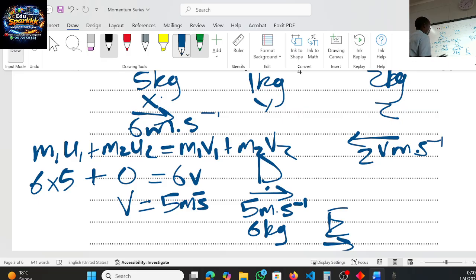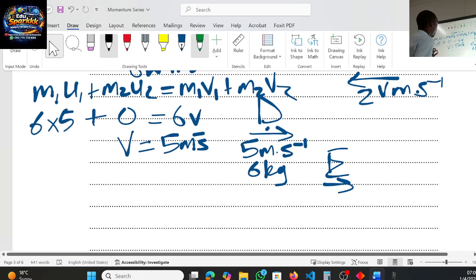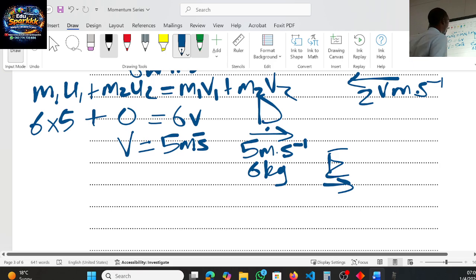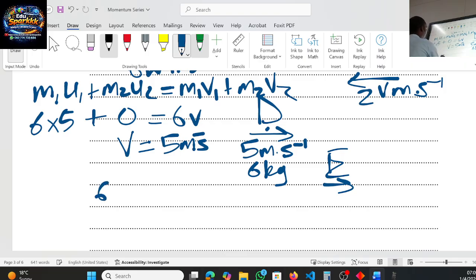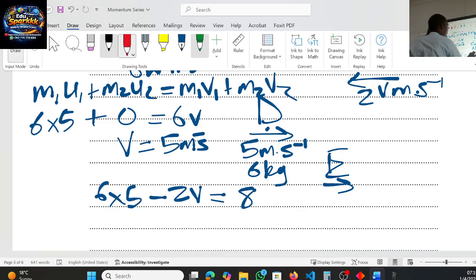I'm going to change colors to represent the new speed that these objects will move at as unit E. According to conservation of momentum again, we have 6 times 5, approaching this way, and this one coming the other way, so that's 2 multiplied by v. And this will be equal to the total mass, which is now 5 plus 2 plus 1, giving us 8, times the new speed V.